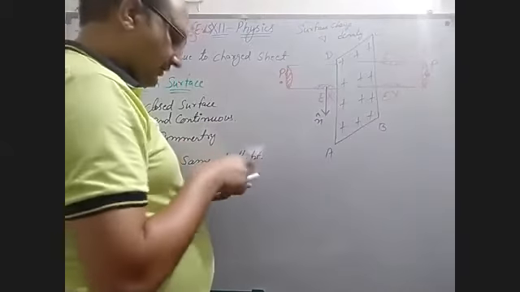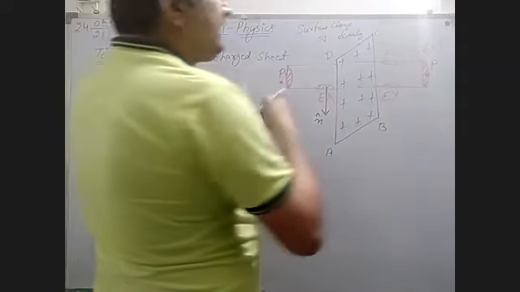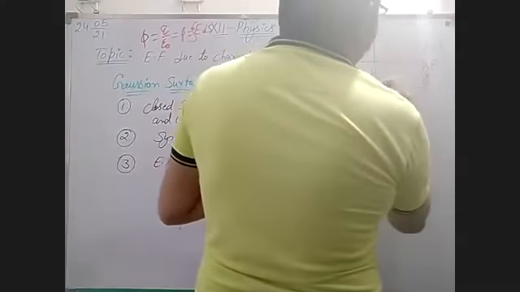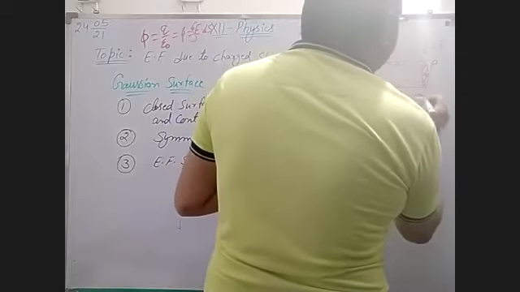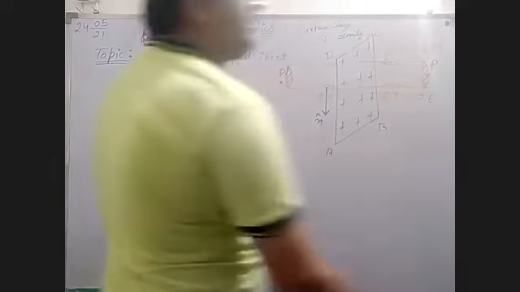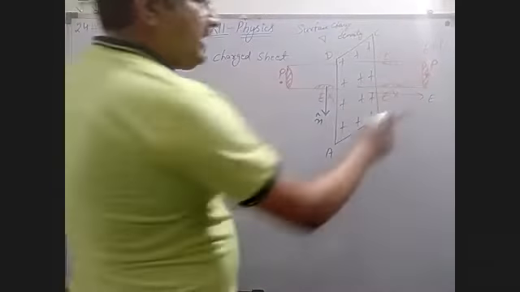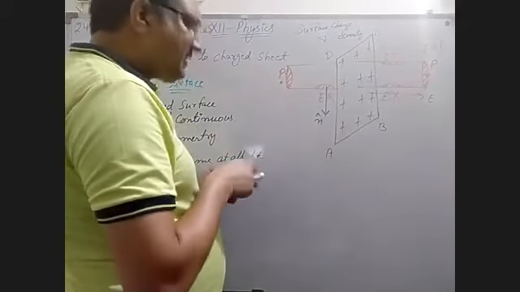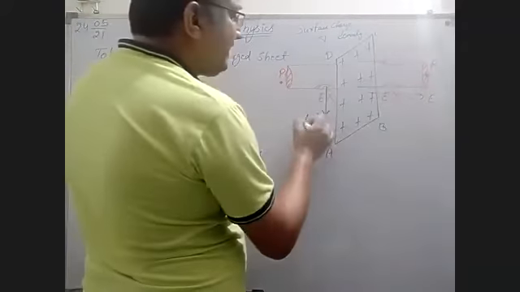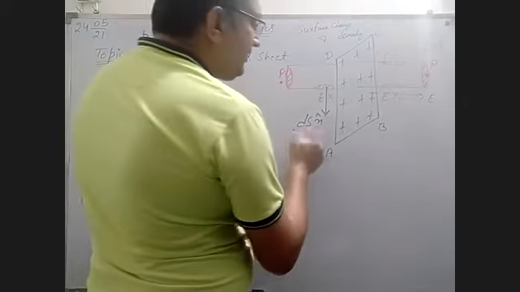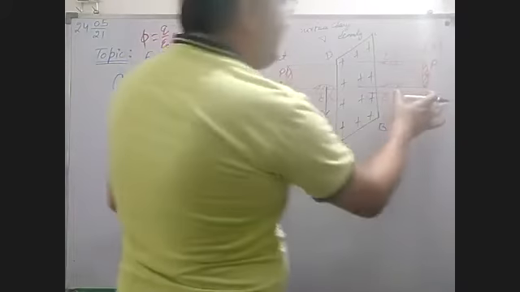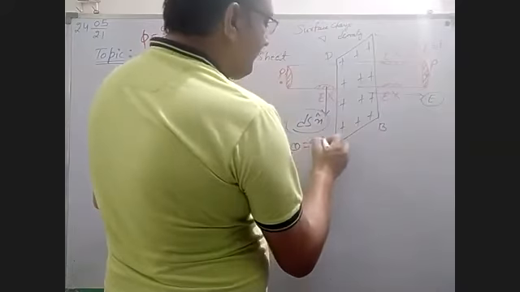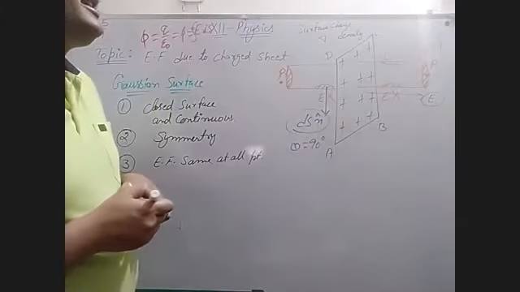And this sheet is charged and the electric field from this sheet is horizontal. So if the surface normal is downward and the electric field is forward, then the angle between them is 90 degrees.